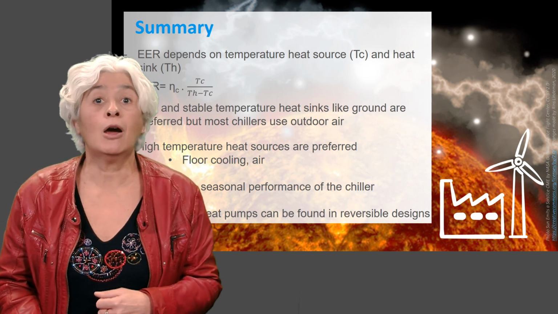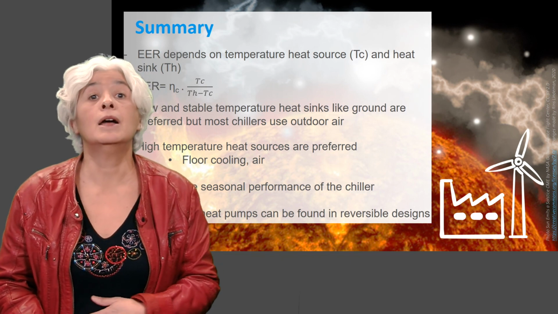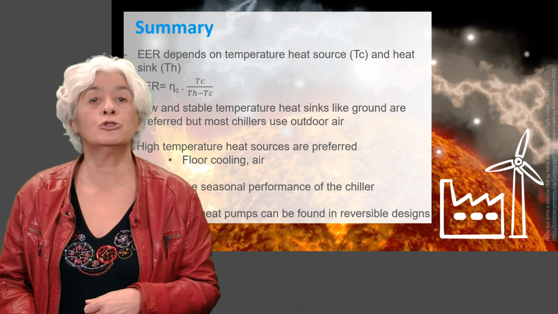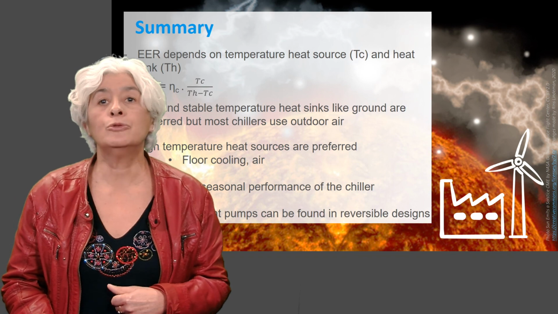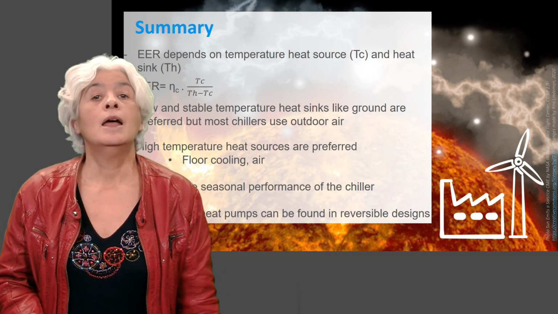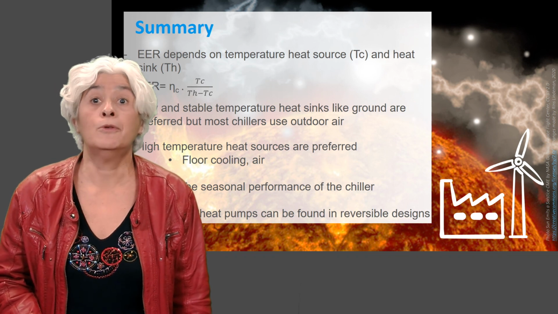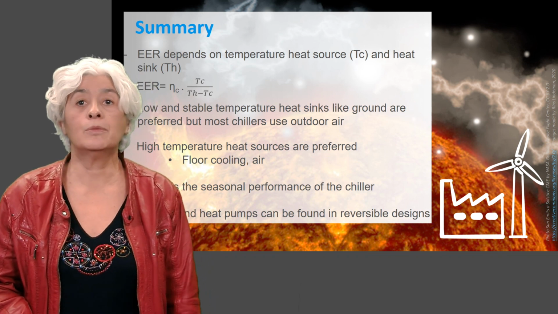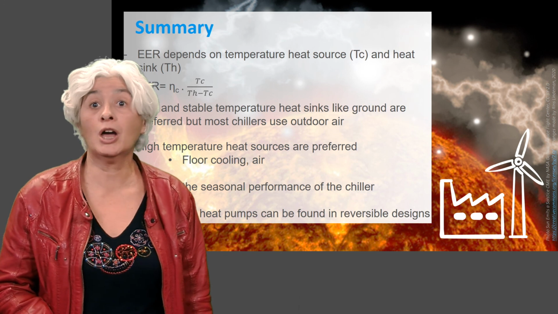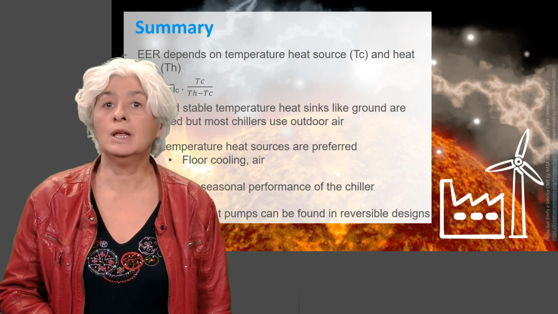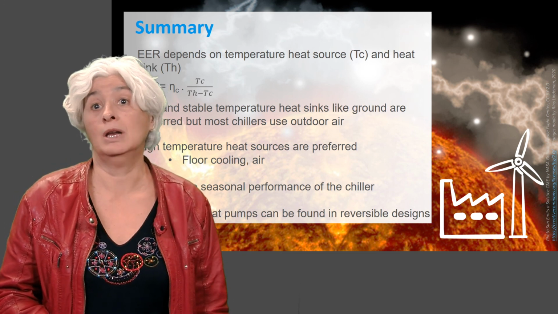Ground source chillers are unfortunately not very common, and the vast majority of commercial chillers use outdoor air as heat sink. High temperature heat sources are essential as well for a high efficiency, and therefore high temperature cooling systems are preferred, like floor cooling or direct air cooling.